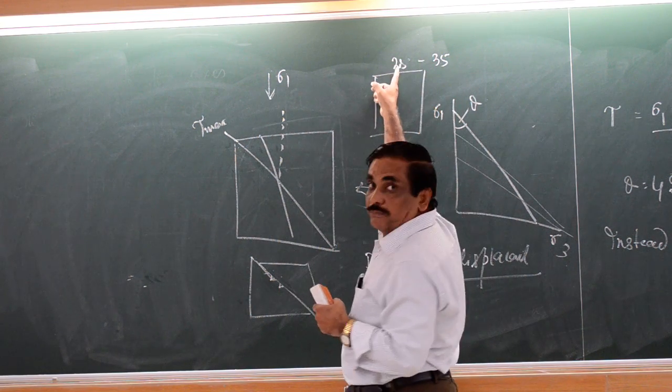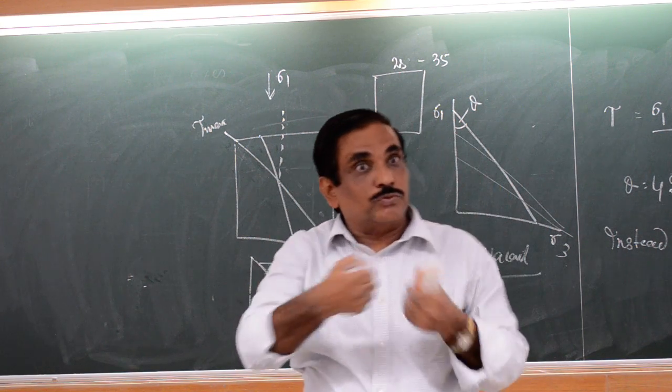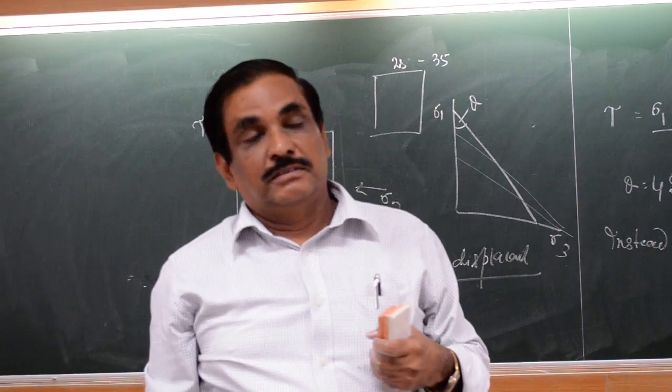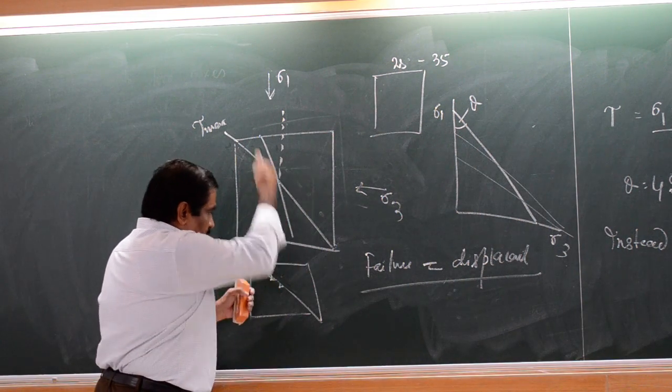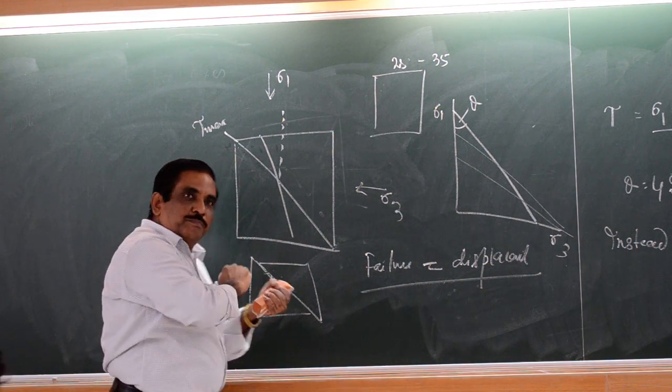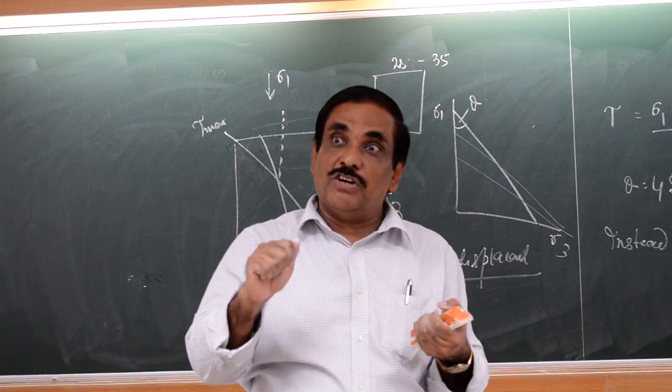So 25, though it is very high, is unable to do it. कोहेशन को तोड़ नहीं सकता. Similarly, you apply such a stress so that all these projections will be smoothened down. Remember, that is called breaking the cohesion.